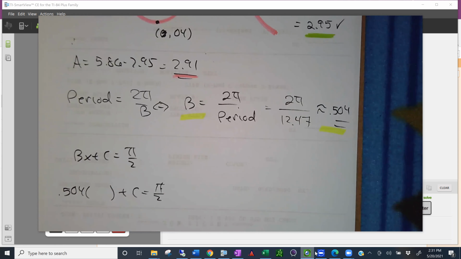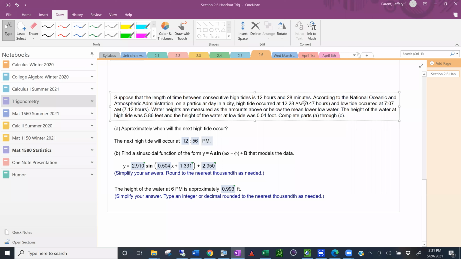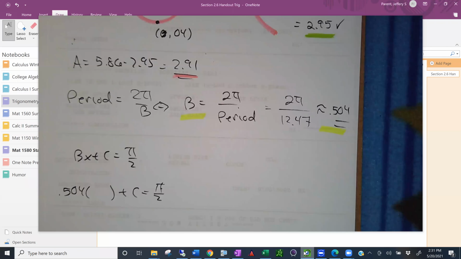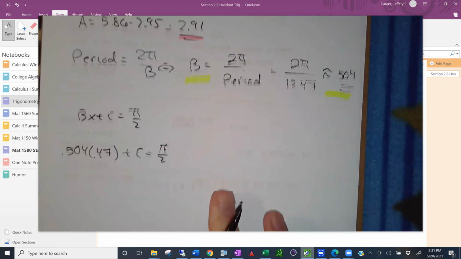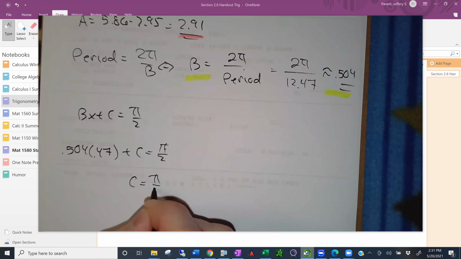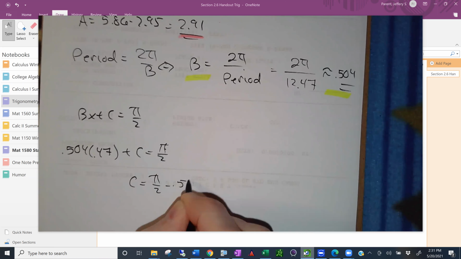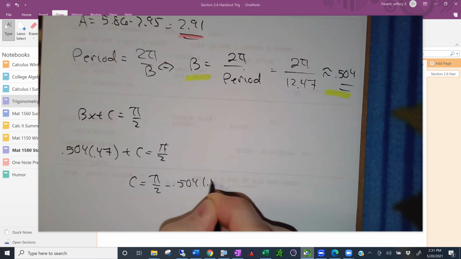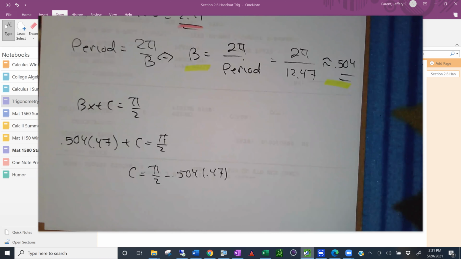So let's look back at the problem for that. High tide occurred at 12:28 a.m., about 0.47 hours. So I'll put that in as my value for x, 0.47, and then just solve for c. C is going to be pi over 2 minus 0.504 times 0.47. That should give me my value for c.